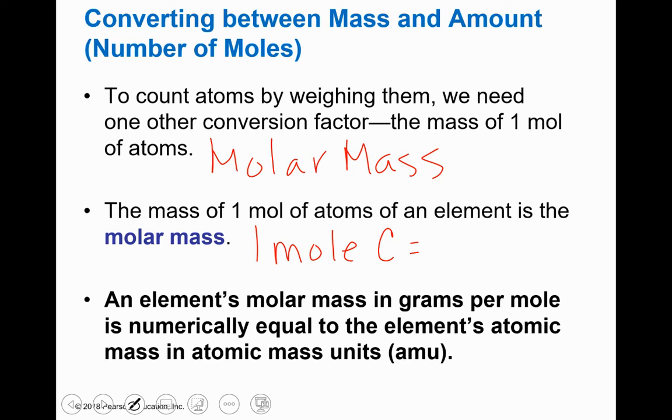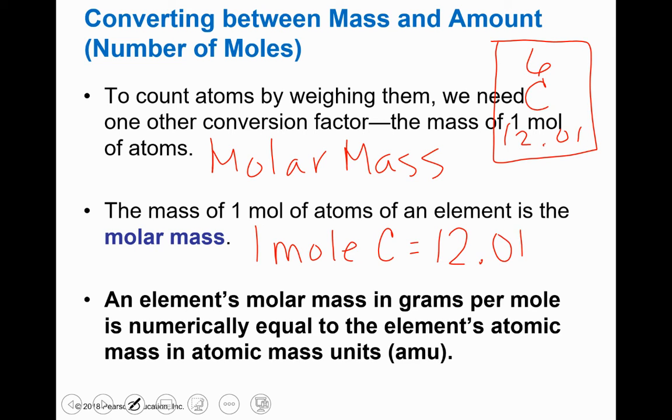So, we're going to look at carbon, and when you look, go ahead and look at the periodic table. Find carbon. Carbon is atomic number 6. So you see here, we have our atomic number on top. And then if you look, we have a mass number on the bottom. And for carbon, it says 12.01. Okay, that mass number is going to be equal to the mass of 1 mole of carbon.